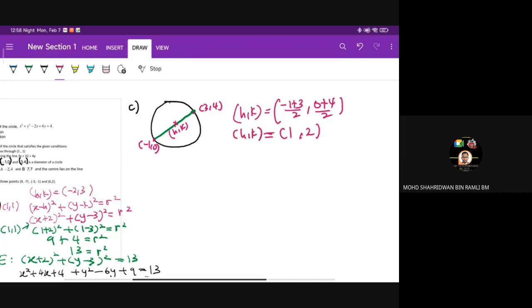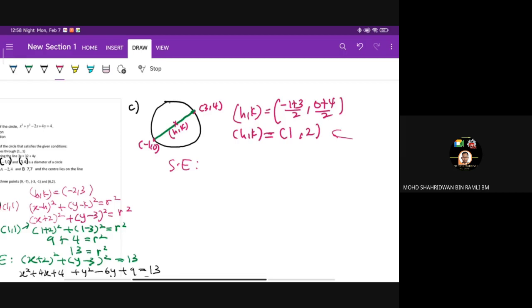Since you already have this center, you can express it in standard equation. Actually you need to consider whether to use the standard equation or the general equation, whichever is easier. Both are still correct, but you have to choose the simplest one.